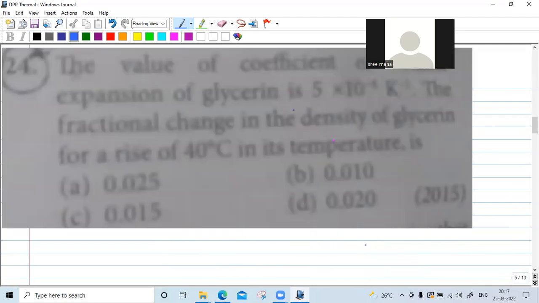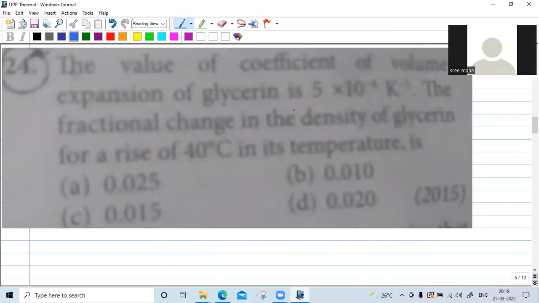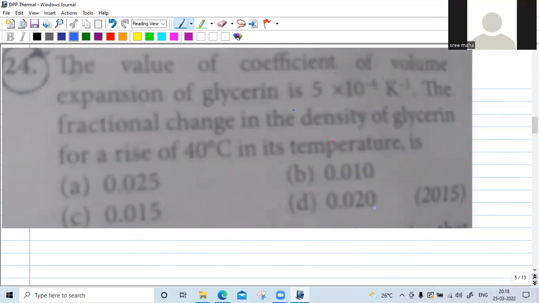Okay, this one is also 2015. Fractional change in density.